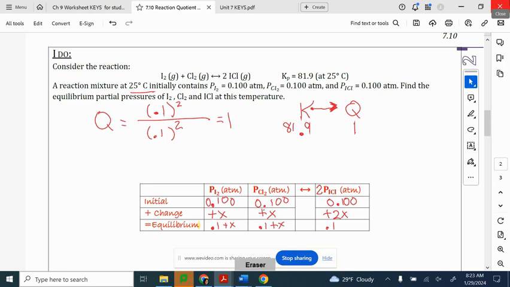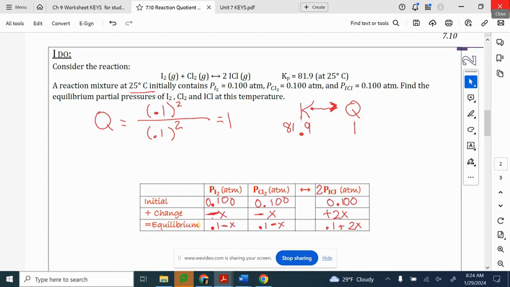I guess I can't sign something and do lecture at the same time. My apologies, everyone in here. I am not capable of multitasking. We said that we were going to form more products, so that means we're getting rid of some of this material. So these have to be minuses. So this is going to be 0.1 plus 2x. Good?